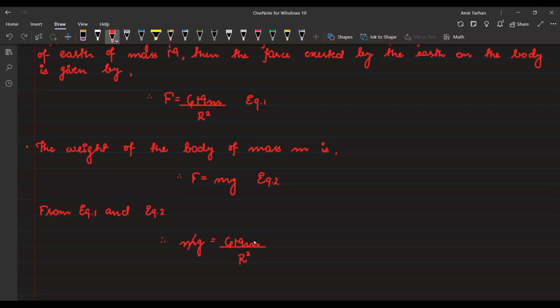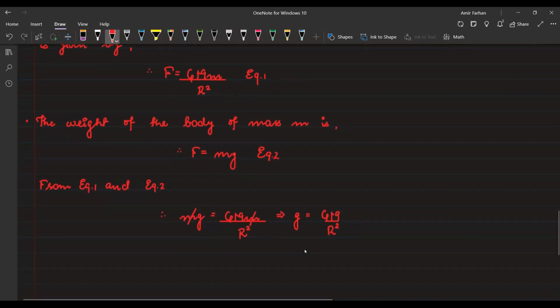As we can see, mass will get cancelled. So what is left is g is equal to capital G, capital M, over r square. Okay. So this is how we prove this thing.